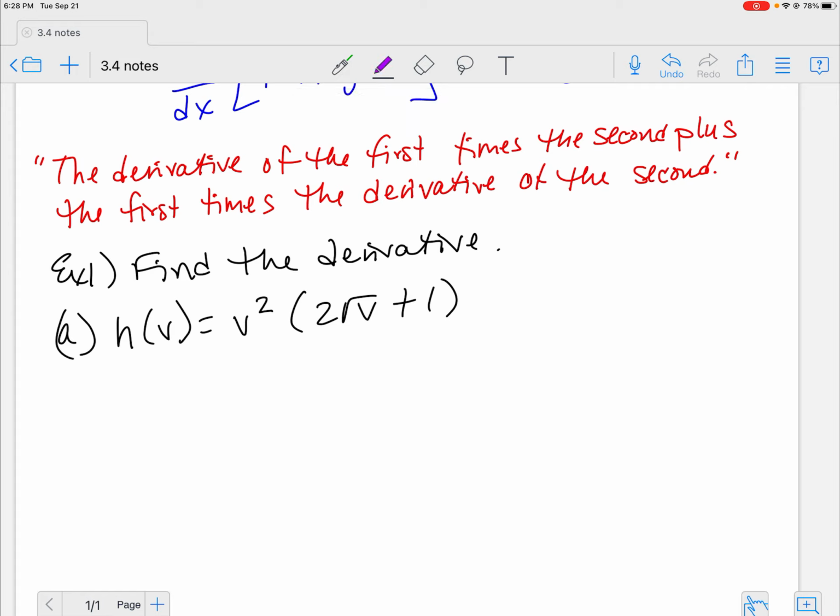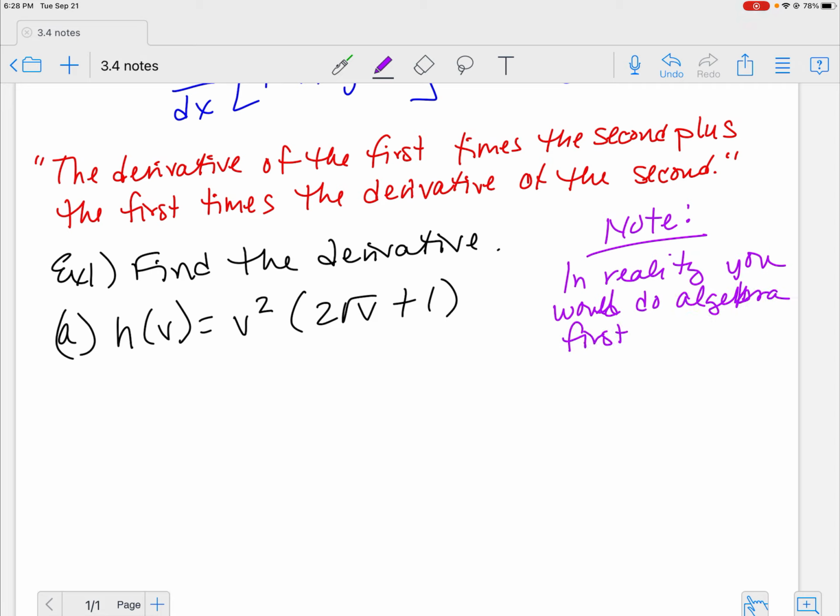Here's a big note. In reality, you would do algebra first, then take a derivative.